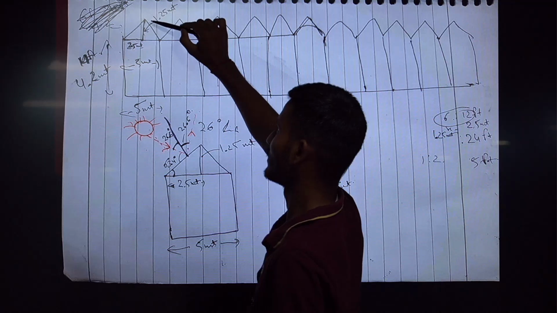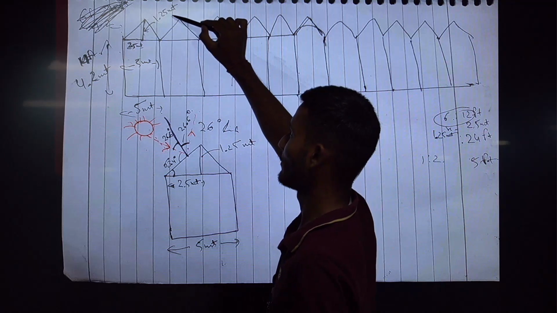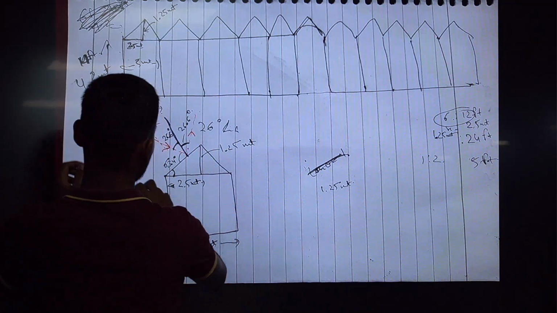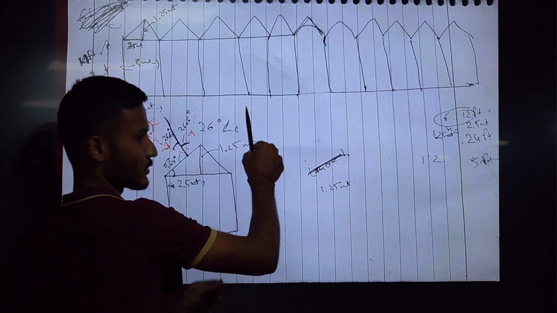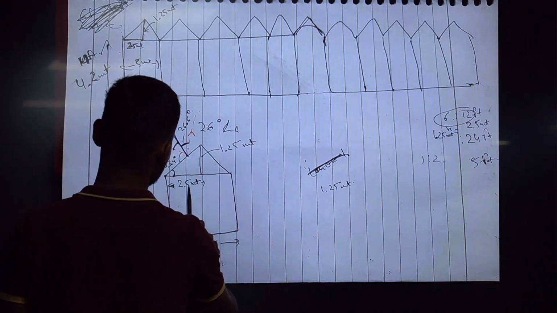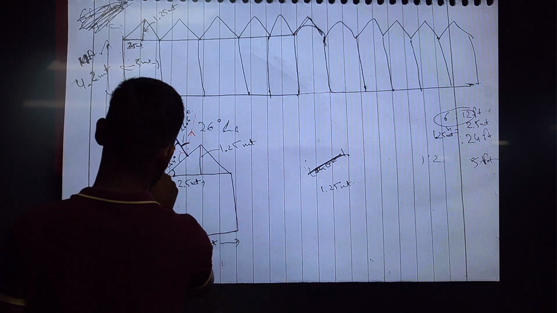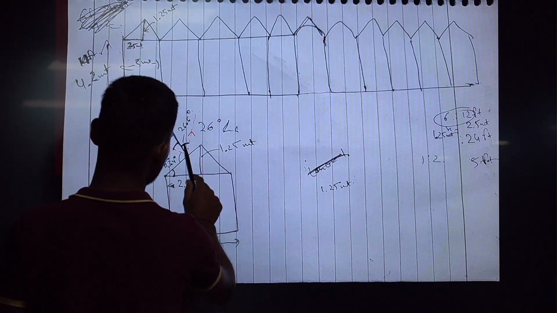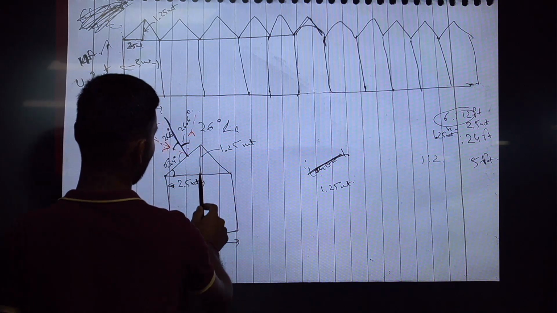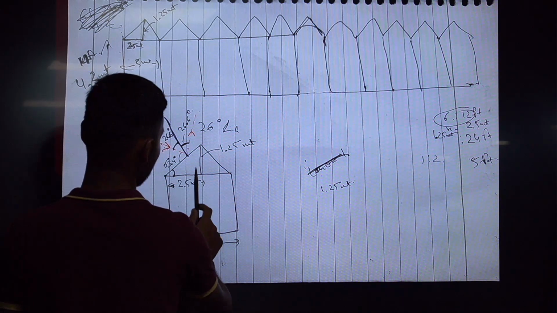The upper height from this point to this is 1.25 meters, and this is basically the angle the sun will come like this, and the orientation is towards this and not south. So the incidence angle becomes 26.6, this is a reflection angle, this is 26 degrees, and as I told you, 1.25 meters is this height and 2.5 meters is this.